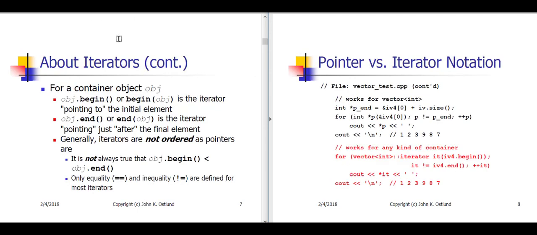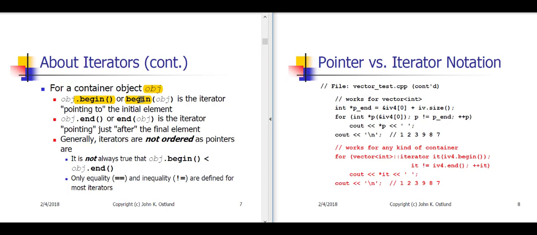Here on slide 7, for a given particular container object, obj, we show how to get an iterator for the beginning of that container, that is, an iterator, quote, pointing to, unquote, the initial element. You do that either by saying the container name and then dot begin, or, since C++11, you can use begin as a function name with the object as an argument.